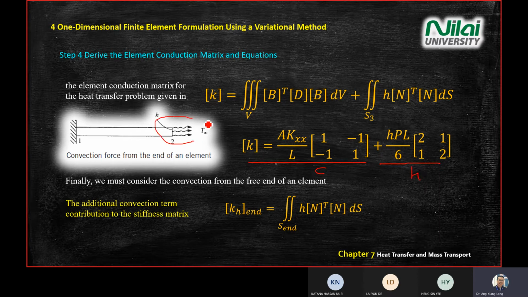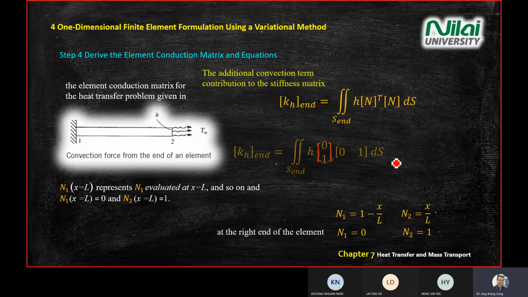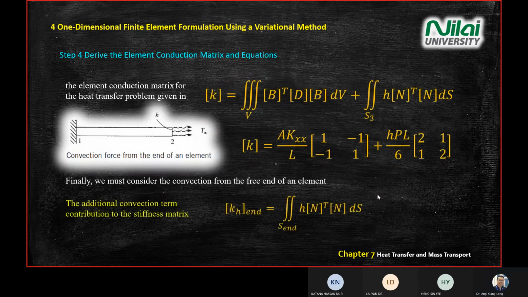And if you have a leak end here, you will add this equation, which is the next slide here, plus hA times [0, 0; 0, 1]. This is a full set. If you're having a conduction, convection, plus the leak end here, your whole set equation will be this one, plus this one, plus this one.